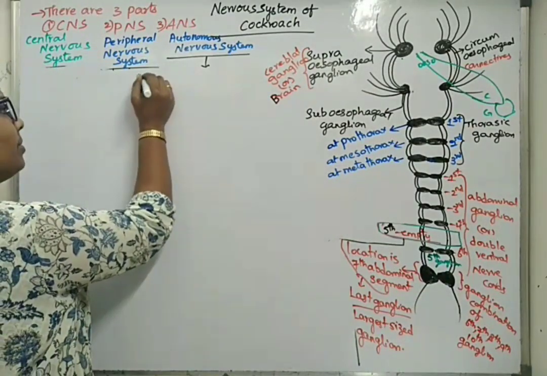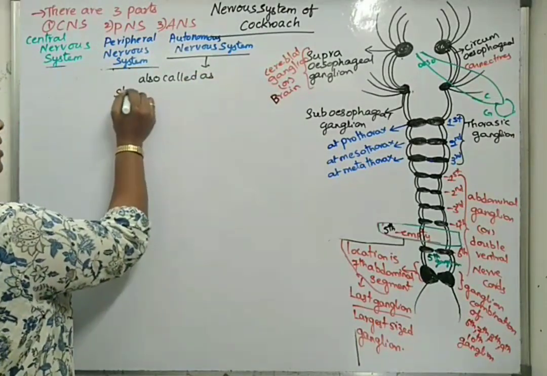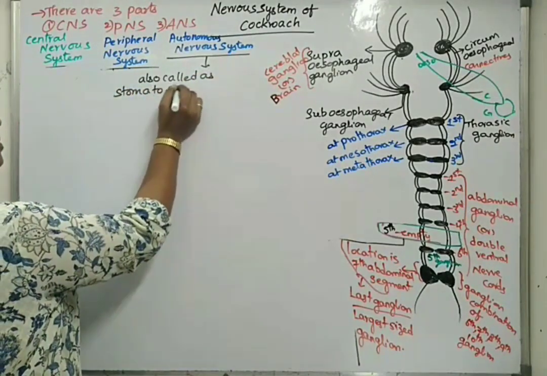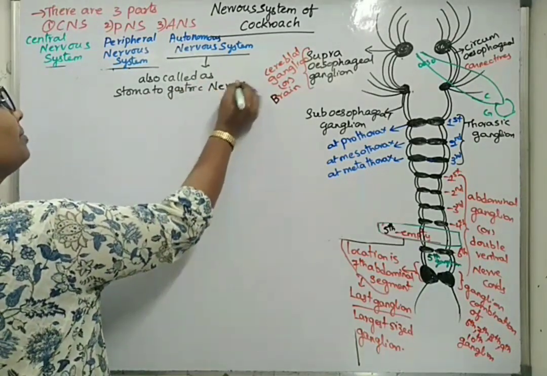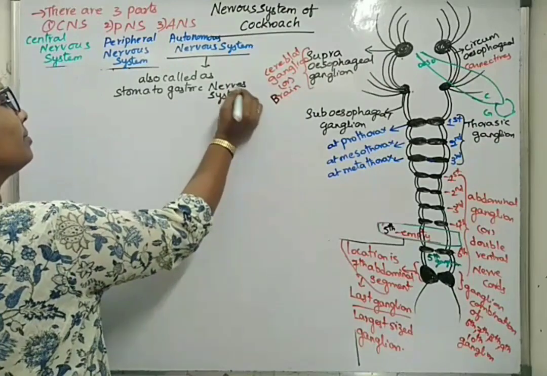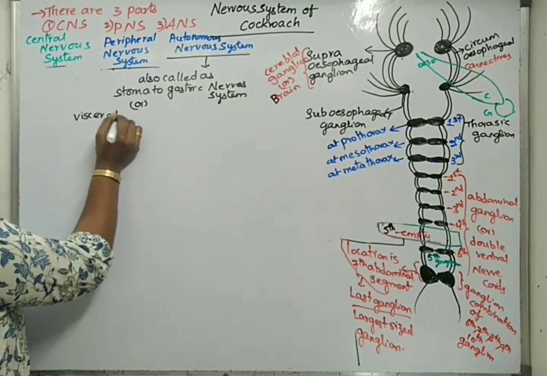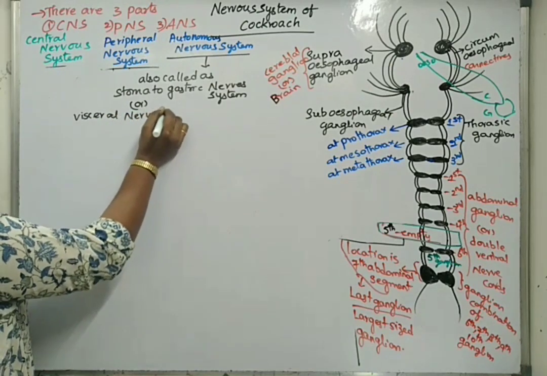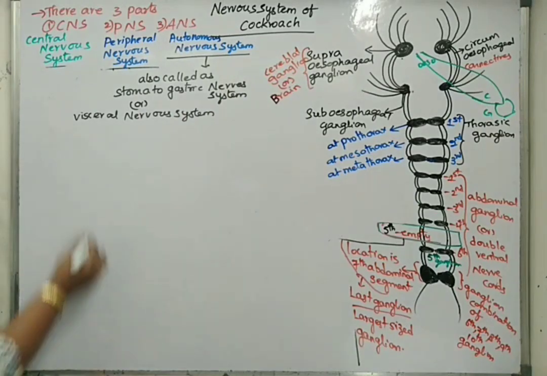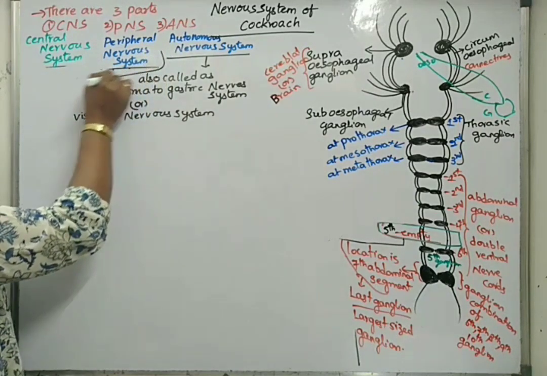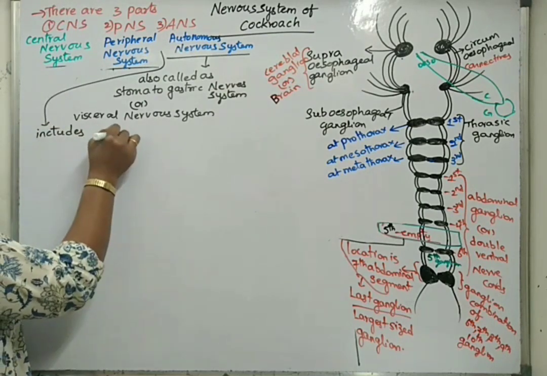The autonomic nervous system is also called the stomatogastric nervous system or visceral nervous system. Now, the autonomic nervous system includes 4 ganglia.